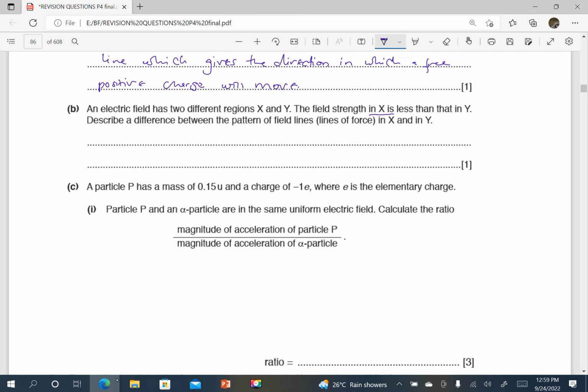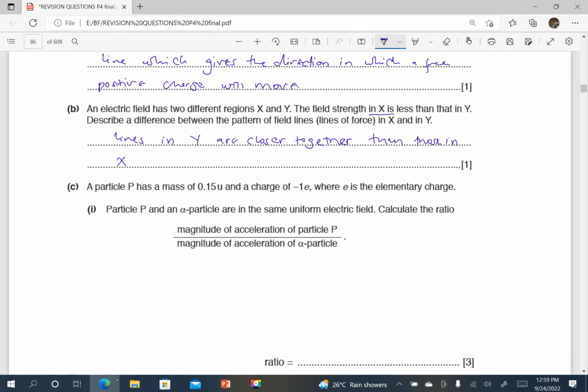So we can say the lines in Y are closer together than those in X.